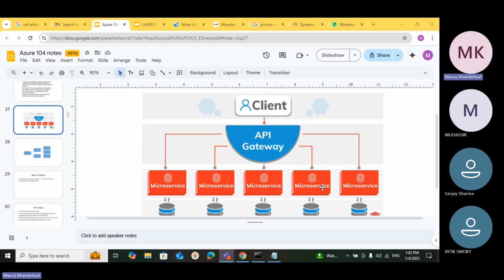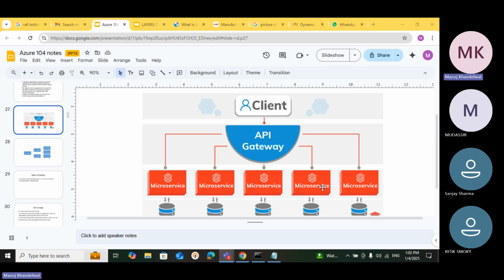Suppose, for example, any bank has its page. Whenever a client or a user wants to log in, they would definitely be having microservices. They would be having their own storage where all the users' details are there. So if a particular user wants to log in on ICICI Bank, how will it detect?